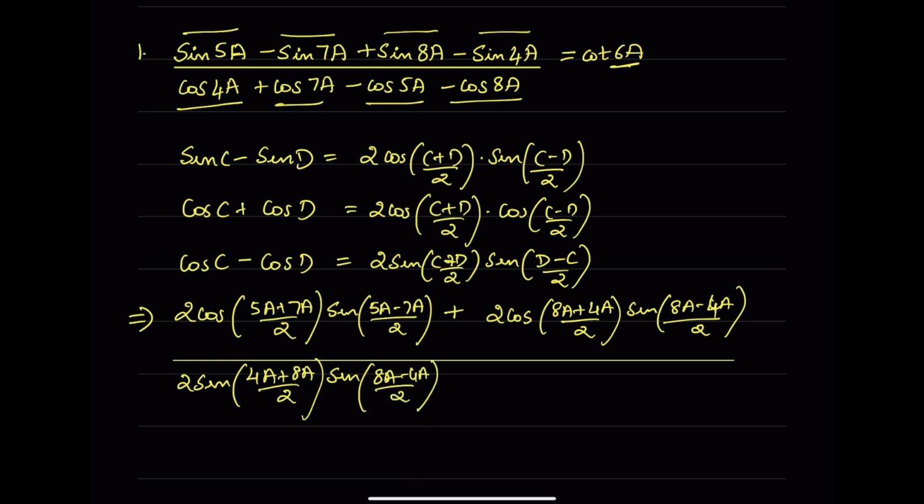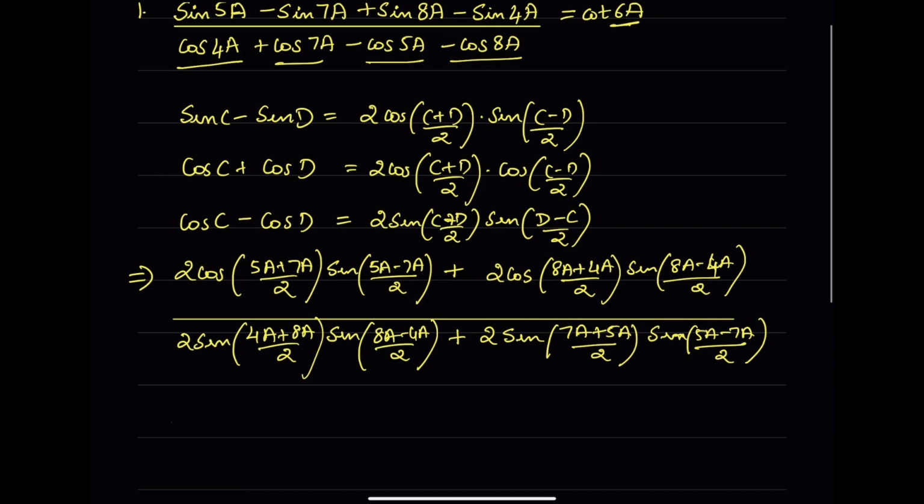Now we are going to group cos 7a minus cos 5a. Those are the two terms. So that will be plus 2 sine 7a plus 5a by 2 and sine of 5a minus 7a by 2. Okay, now let's simplify this.